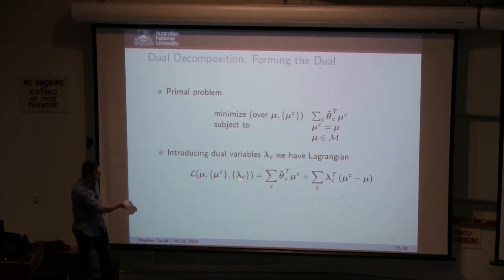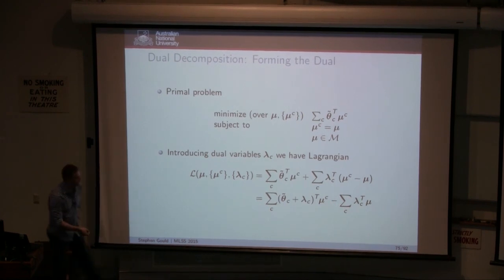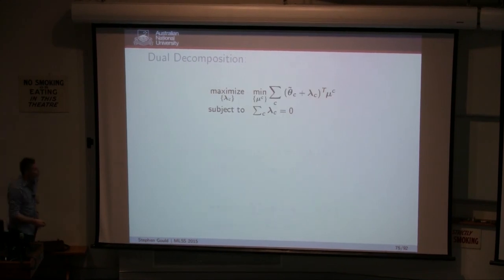And so that gives me this Lagrangian where I have my original objective plus lambda c times my equality constraints, which I can now, by rearranging terms, write out in this way. Okay? So I've moved lambda c from here to be added together with the theta c, and that's multiplied by the copy of the variable, plus this additional term at the end, which only involves the original variables. Okay?